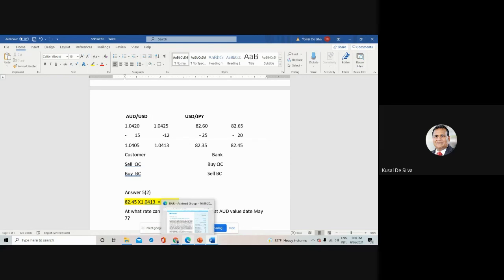And if I don't answer your phone for some reason, if I'm busy or whatever, just leave me a message that you are a participant of this IBSL Retail Banking Diploma, and I will definitely call you back on your number.